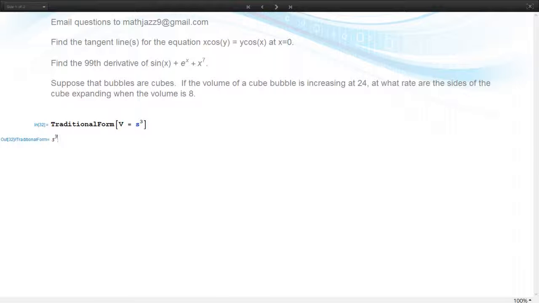Anyway, so we want to have 2 equal signs there, yes, thank you, Mathematica. Okay, so we have this equation here.